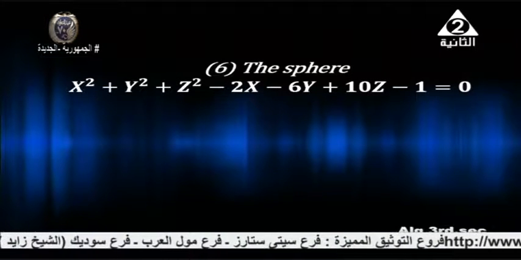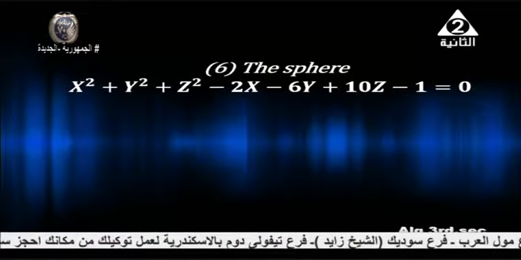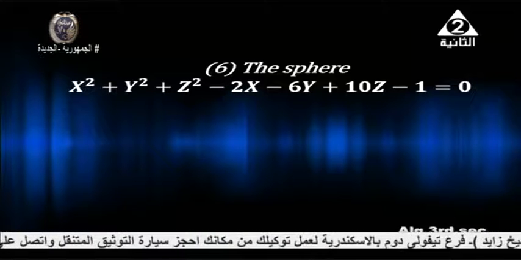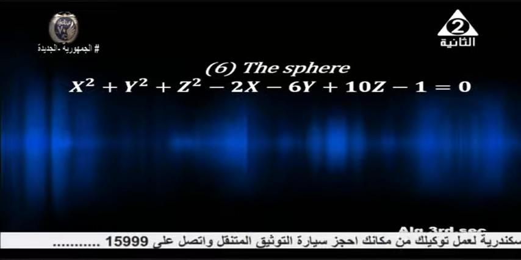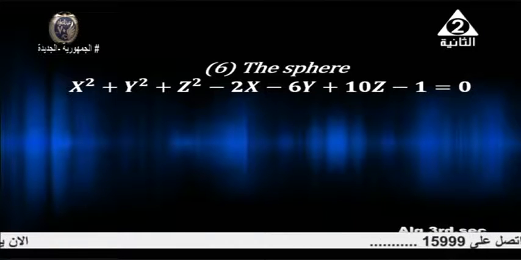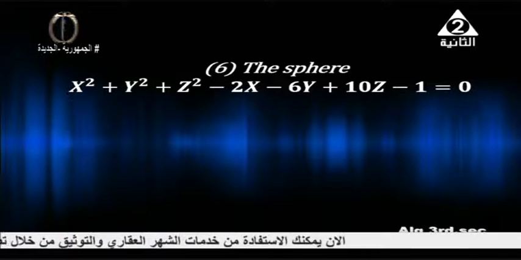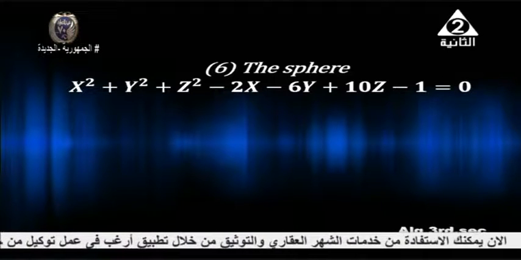Another example. If we have this equation of a sphere, called the general equation: x square plus y square plus z square minus 2x minus 6y plus 10z minus 1 equals 0. If required, my dear student, what is the center?